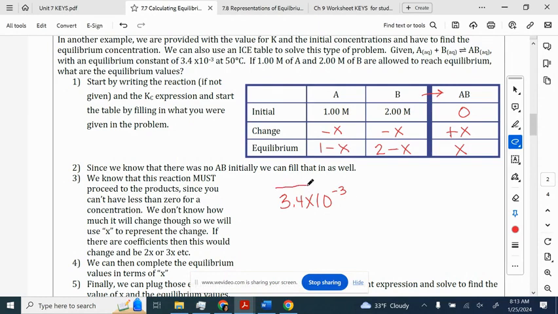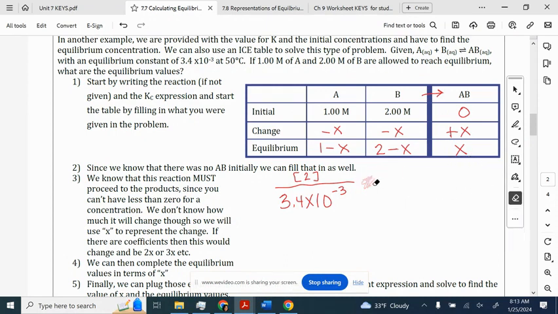So if we take our initial amount or concentration, so let's just do the 2 because that's the biggest amount. Okay, if we take that initial concentration and divide it by K, shoot, come on. Piece of junk.